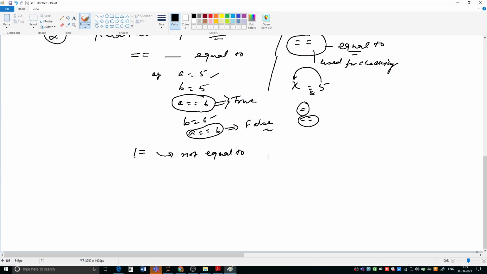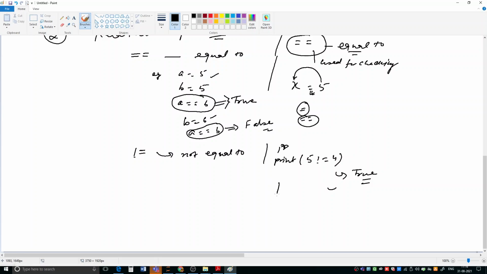If you are writing print 5 not equal to 4, what will you get? True. Yes, 5 is not equal to 4, that's why we will be getting true.